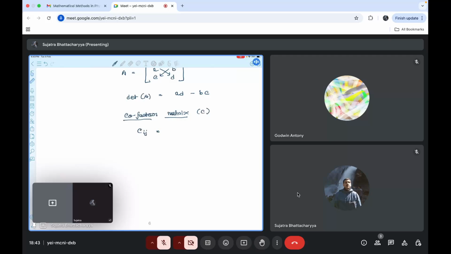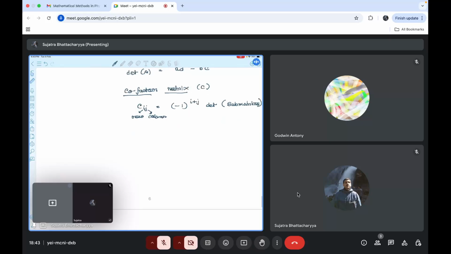In Cij, i is the ith row and j is the jth column. We generally write it as minus 1 to the power i plus j times the determinant of the submatrices. I will show you with an example what we essentially mean.